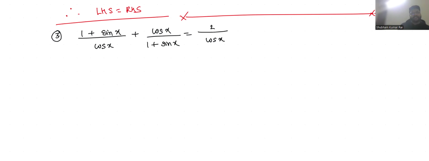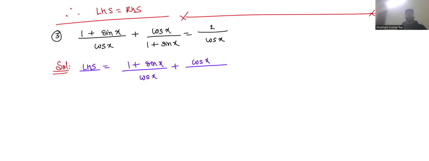So what we will do, we will take the first, that is the left hand side. We have left hand side equal to (1 plus sin x) upon cos x plus cos x upon (1 plus sin x). If I solve it further, we will take the LCM of cos x and 1 plus sin x.